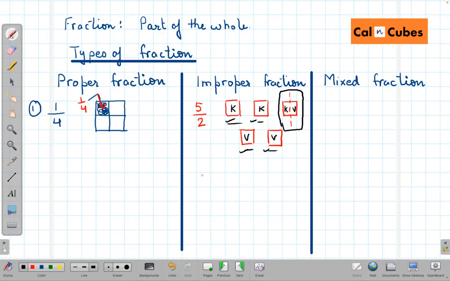So, improper fraction has whole plus part. It has got two parts: something as whole, complete, and the other part is fraction.